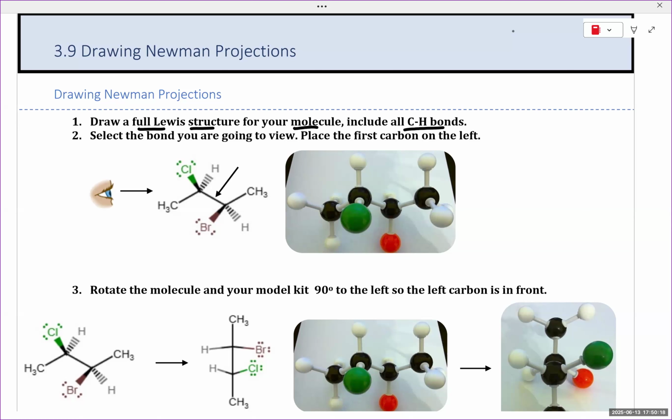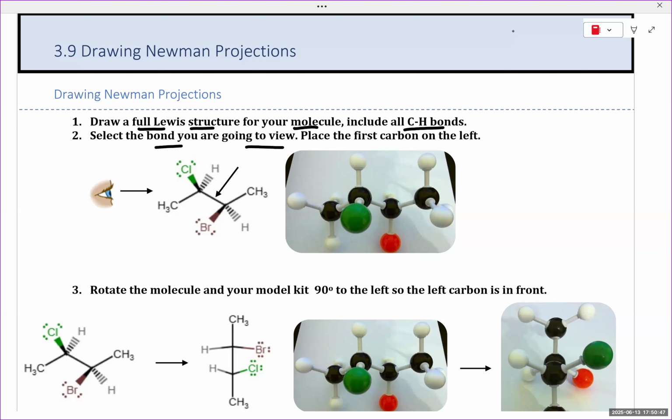Next, you're going to select the bond you're going to view. Newman projections are drawn looking down a specific bond, and as such, it will often be clearly stated in any problem what bond you're looking down. Generally, if you have a choice, try to pick the bond with the most substituents because that's usually the one that has a lot of the information that you're looking for in terms of reactivity, etc. So for example, I've picked this bond.